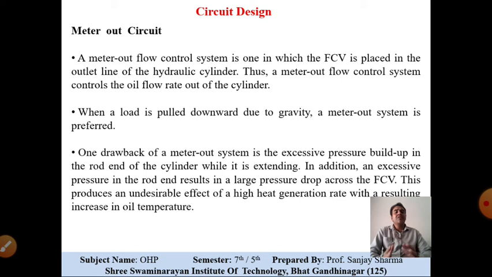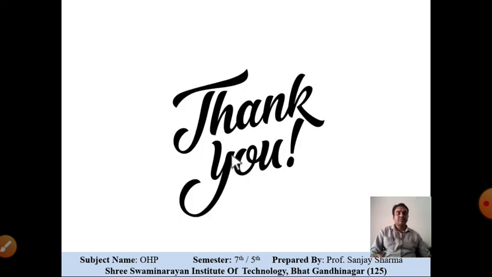So depending on the requirement of the industry, the meter in or meter out circuit is utilized. I hope all the points of meter in and meter out, the advantages and disadvantages of both circuits, are clear to you.